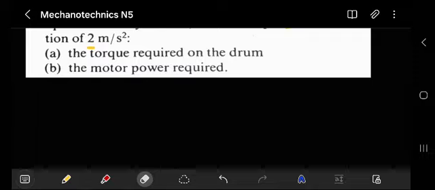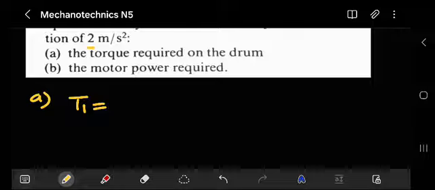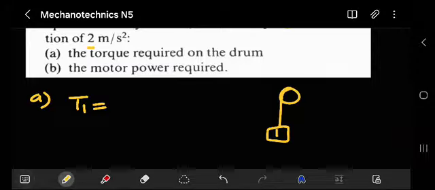But anyway, we have here part A. We have tension 1. Remember, we're supposed to find the tension, because we cannot calculate a torque without tension. Here it's like this: we have M1, here we have M2.